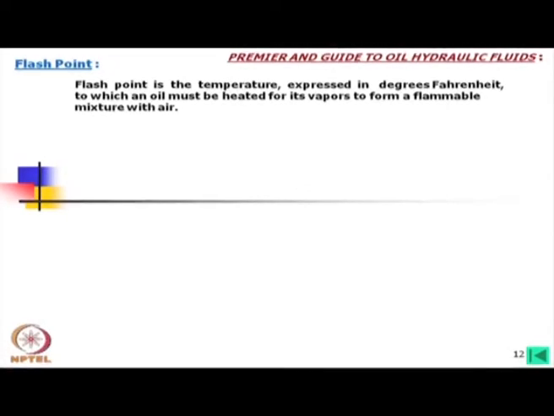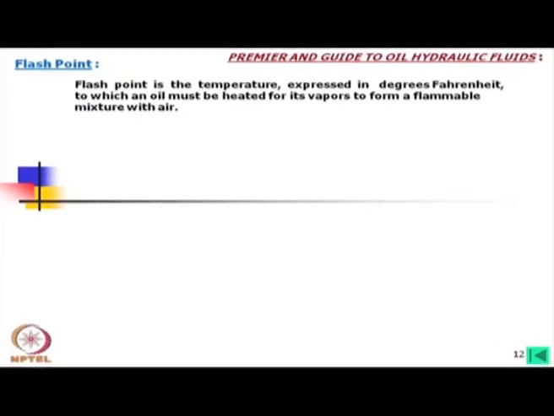In presence of air, if you go on heating, then you will find that a flame will start. That temperature is called the flash point. So, that is very important and we should not allow the temperature to be raised above that point.